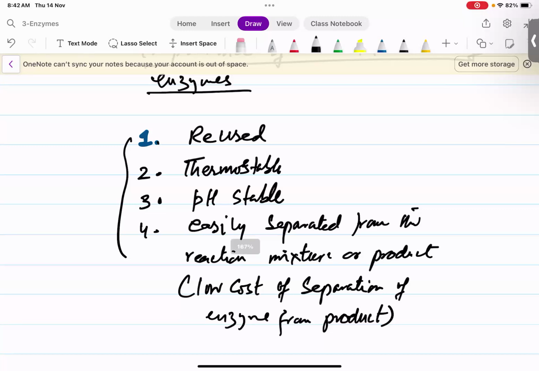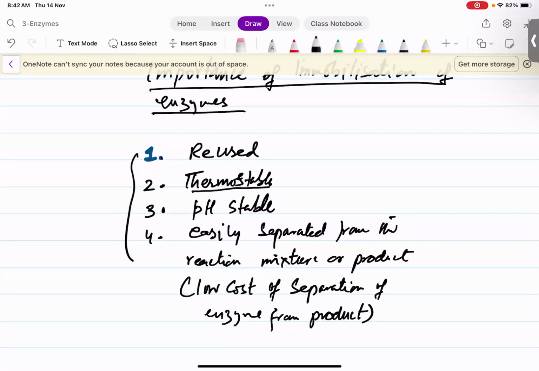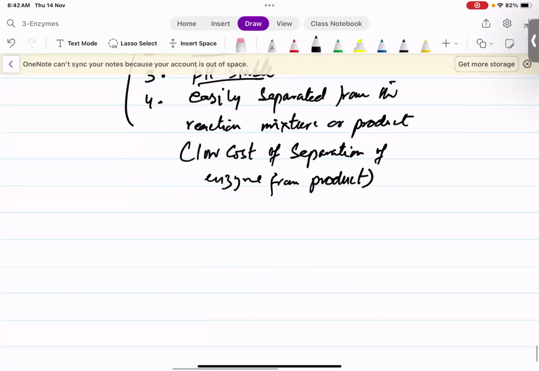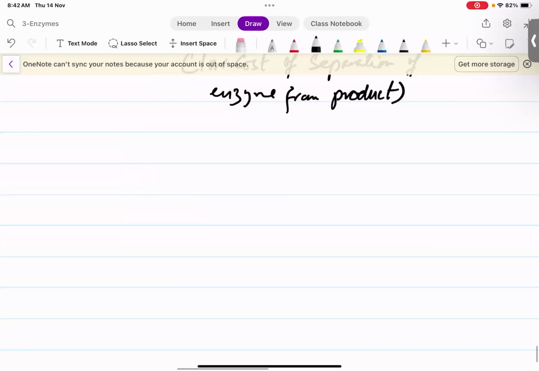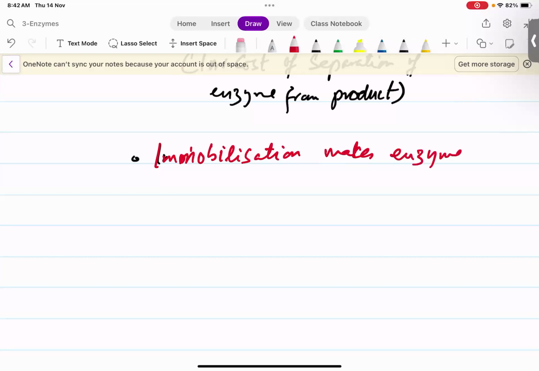So how are these enzymes thermostable or pH stable? Immobilization makes enzymes thermostable or pH stable.